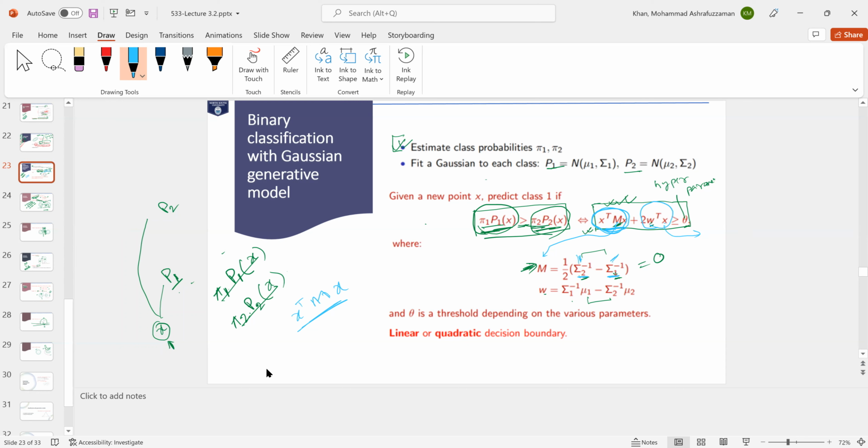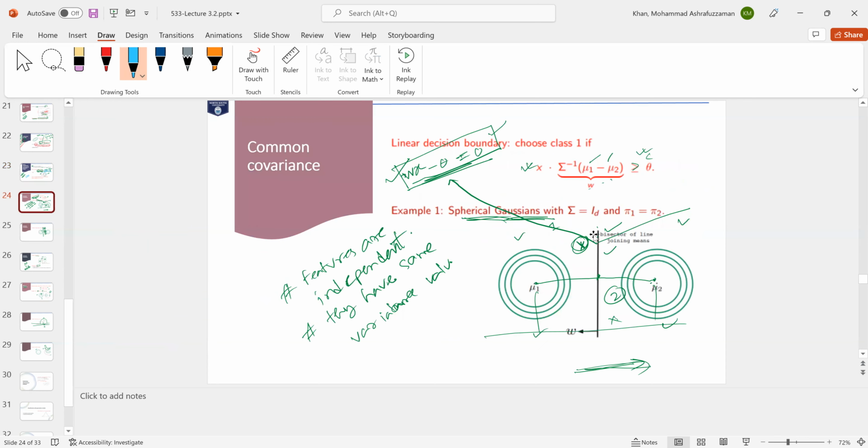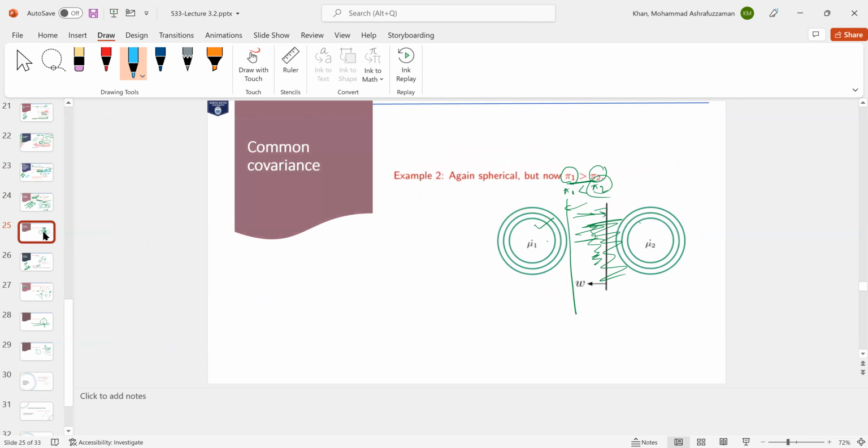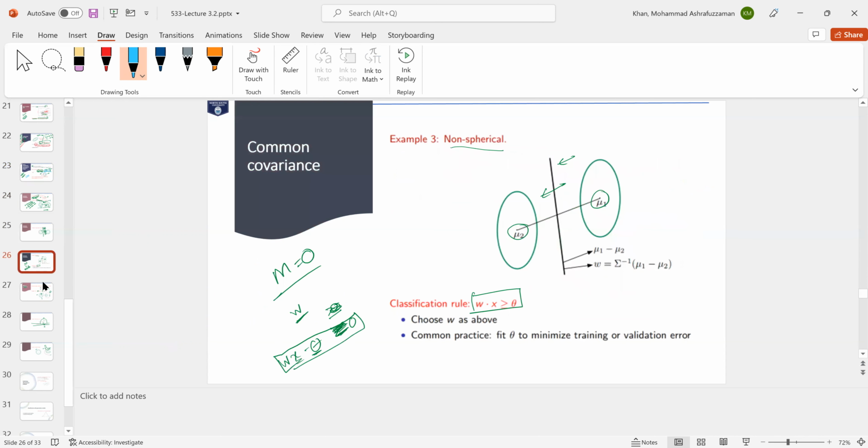If they are not the same, then we'll have some quadratic terms. Otherwise, we'll have only linear terms. Now this is the decision boundary. So if we have only linear terms, then the boundary will be linear, again linear, in the cases where the covariance matrices are the same.